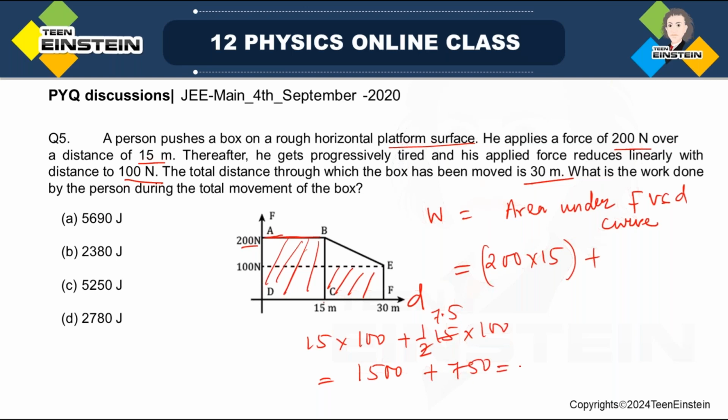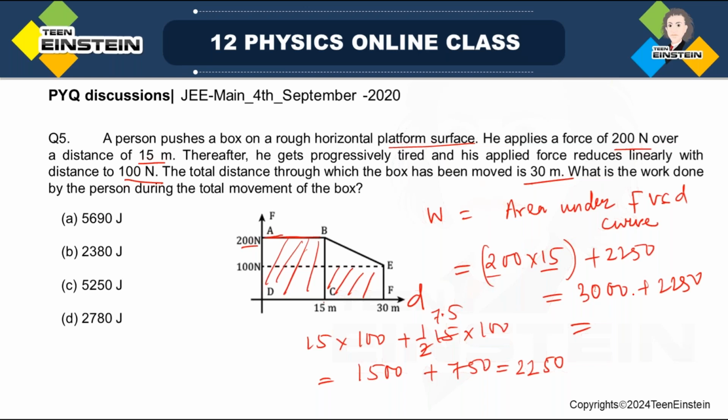Then you have 300, 15 to the 30, another 2 plus this.